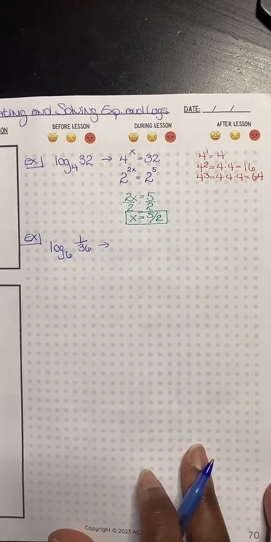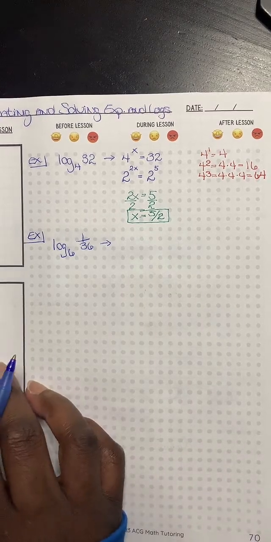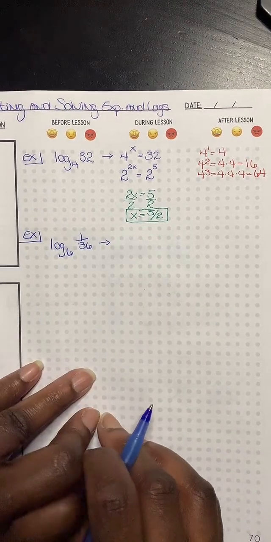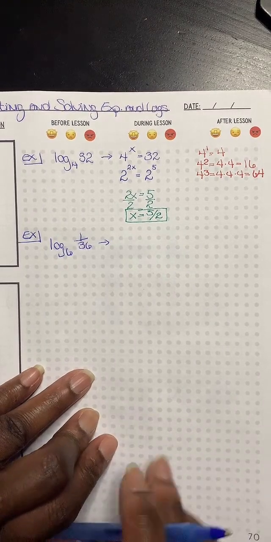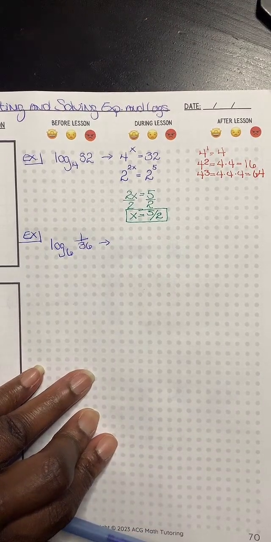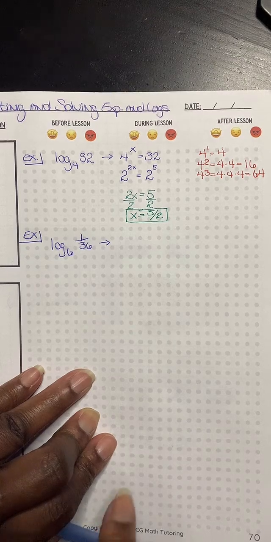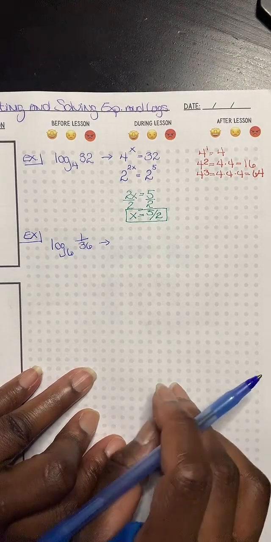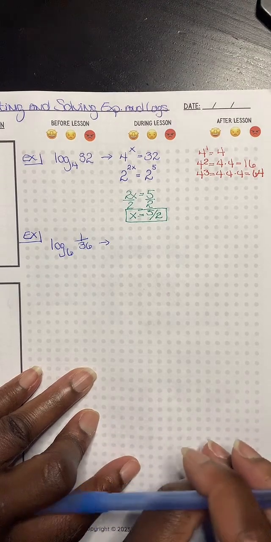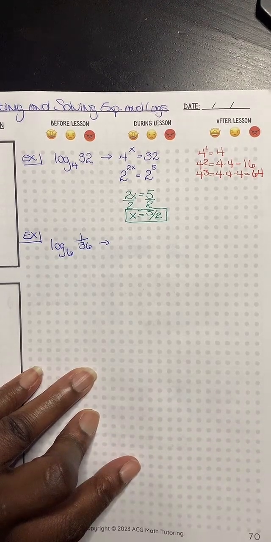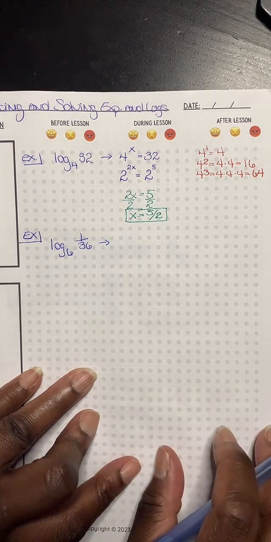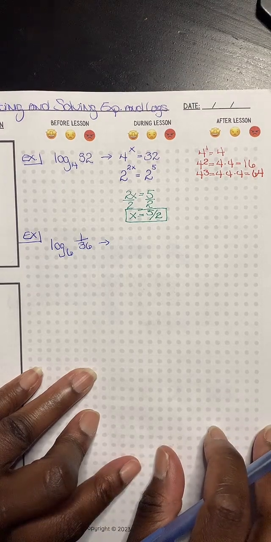Log base 6 of 1/36, and we want to evaluate. All right, so bow tie says it's -2.